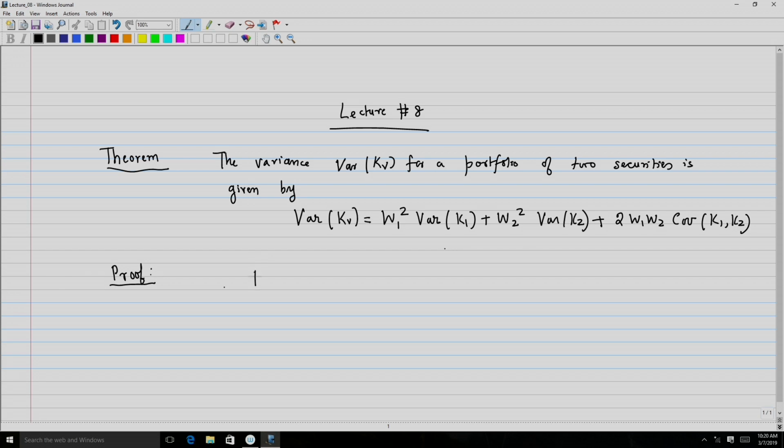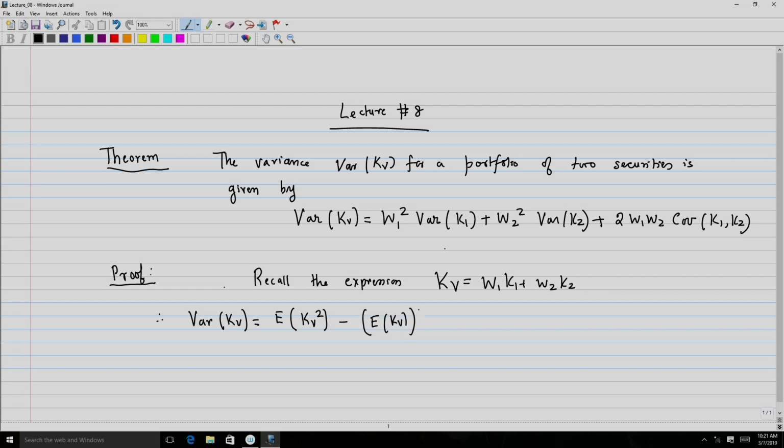For the proof we begin by recalling the expression for the return of this two asset portfolio. Recall the expression Kv is equal to W1 K1 plus W2 K2. Therefore, variance of Kv is, by definition, expected value of Kv square minus expected value of Kv whole square.